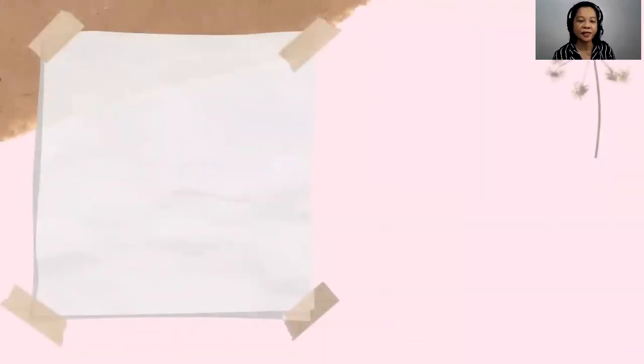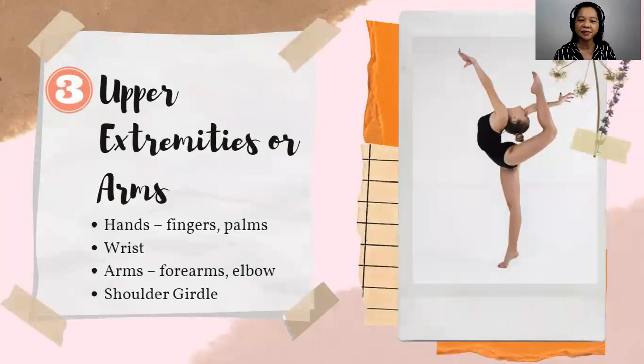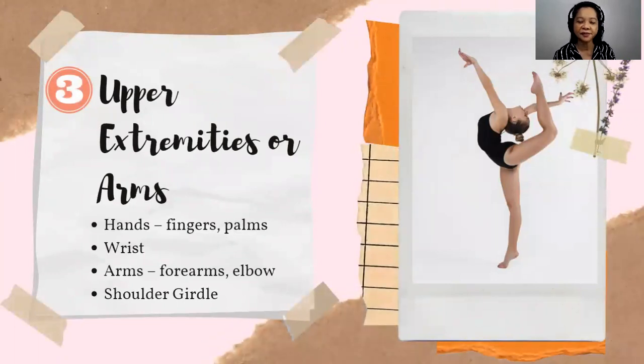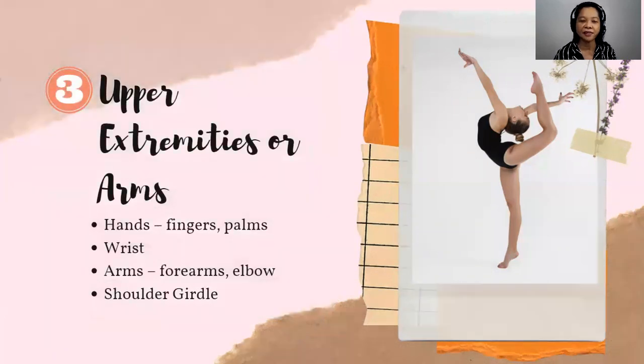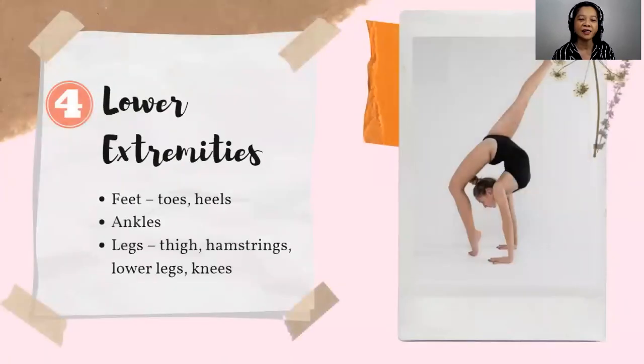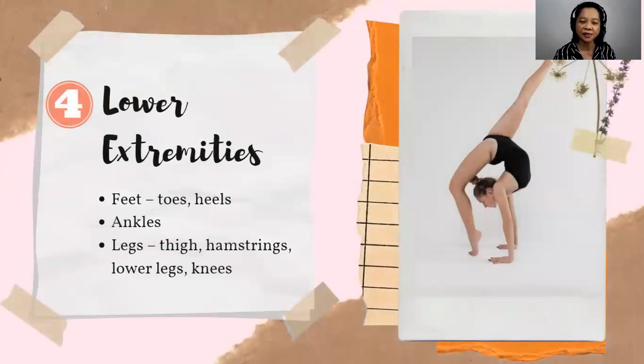And then next will be the upper extremities like the arms, the fingers, the palms, the wrist, forearms, elbow, shoulder girdle. So yan ang tinatawag na upper extremities, and we have lower extremities. And these are the feet, the toes, the heels, ankles, legs, thigh, hamstring, lower legs, and knees. So that's the four divisions of the body.